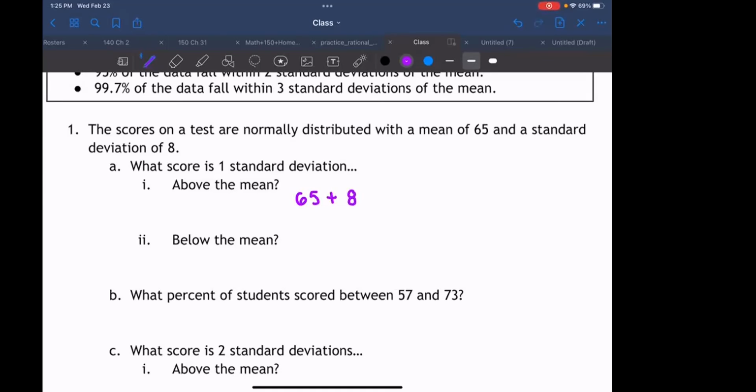We're just adding a standard deviation to our mean. I'm really bad at mental math, so I actually did this in my office. I got 73. Using our symbols, 65 is our mean, 8 is the standard deviation. Below the mean, I would subtract, right? So 65 minus 8, and that is 57.